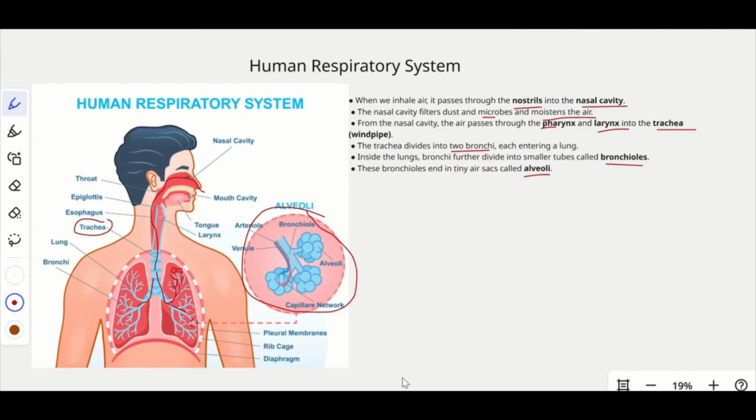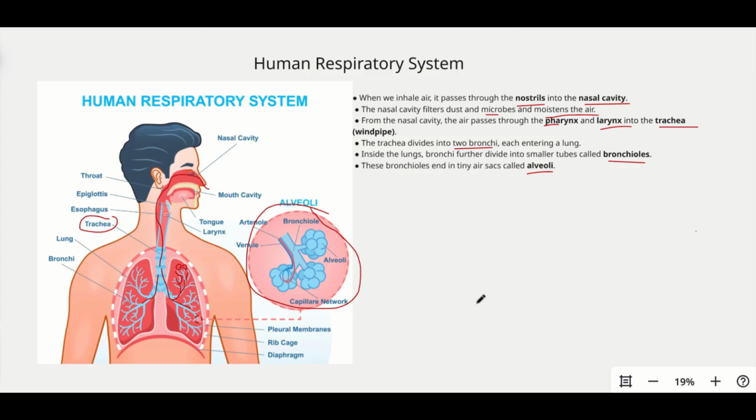So what is happening here? In the inhaled air, there will be oxygen, right? From the alveoli, this oxygen will get dissolved into the blood. And there will be CO2 in the blood. Where does this CO2 come from? We already learned about respiration. In respiration, as part of the process, glucose is transformed into pyruvate.